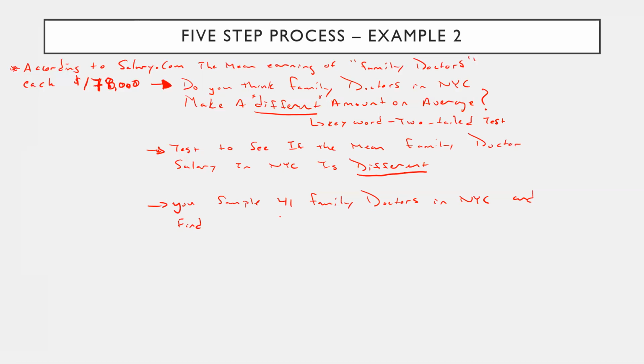All right, so you sample 41 family doctors in New York City and find the mean to be $201,000 a year. Okay, that's their mean salary with a standard deviation of $42,000.